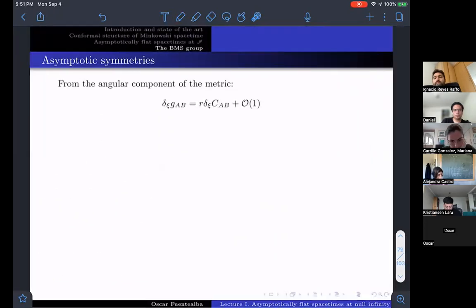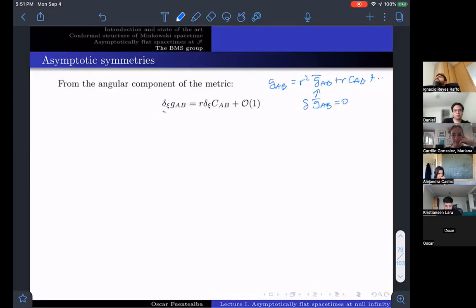Okay, so for doing that, we go to the purely angular part, and this is equal to something like that. And we said that this is fixed. So the variation of that part is 0.